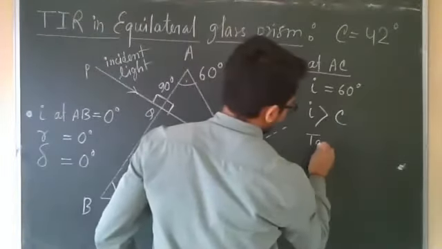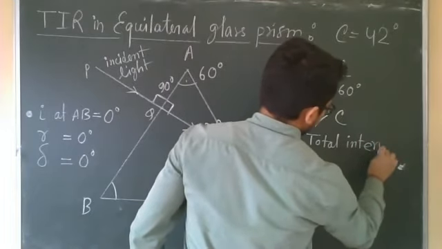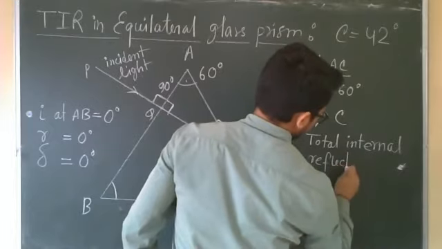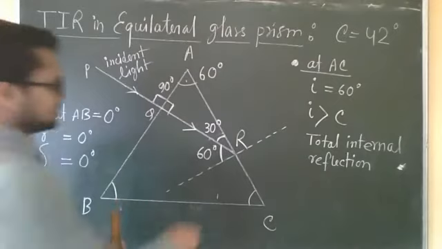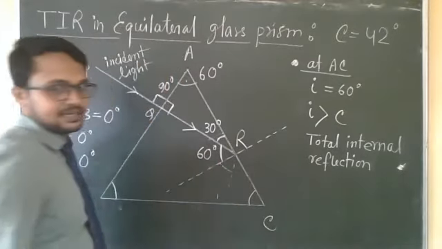Total internal reflection. At AC, total internal reflection will occur. That means the reflected light will also make a 60-degree angle.